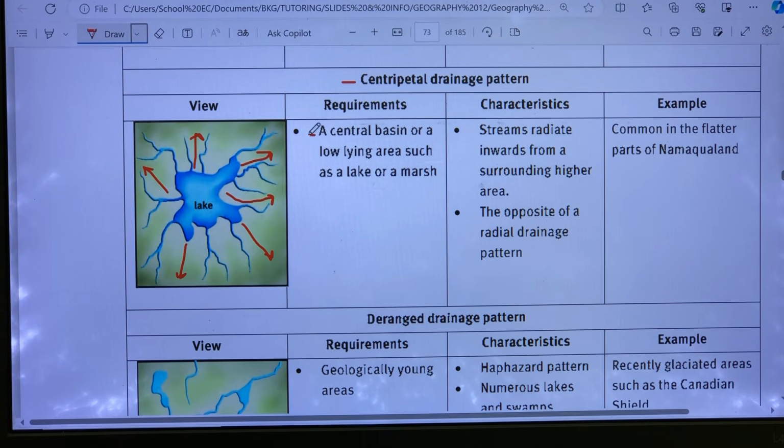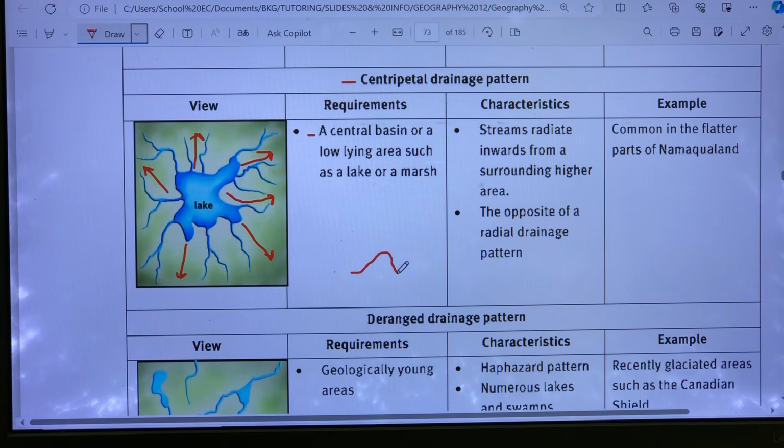A requirement is a central basin or a low-lying area such as a lake or a marsh, or a dam even, or a lake in most cases, guys. So look, we have a lake inwards, which is being formed by these tributaries from the high-lying area outwards. An example, if I can draw for you, can be something like this.